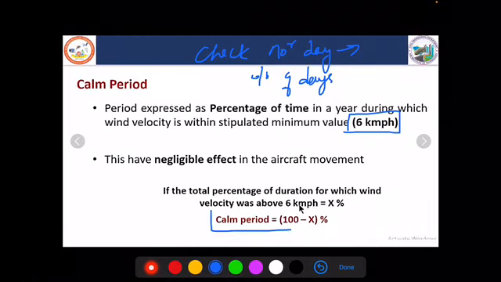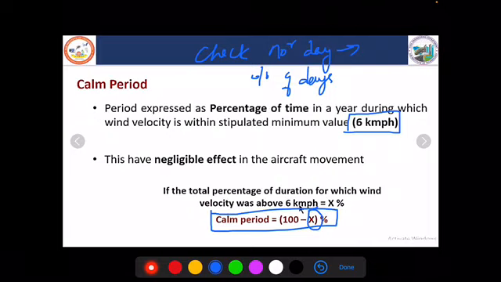The total calm period is calculated as 100 minus x percent. Here x percent is the percentage of wind where the intensity is above 6 kmph, because when wind data is collected, only the wind data with an intensity of more than 6 kmph will be considered.